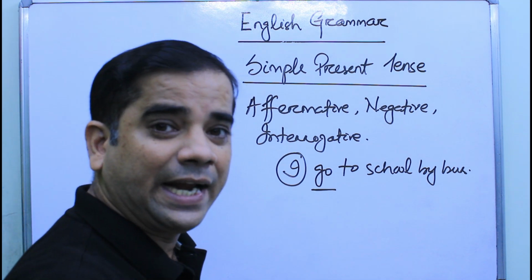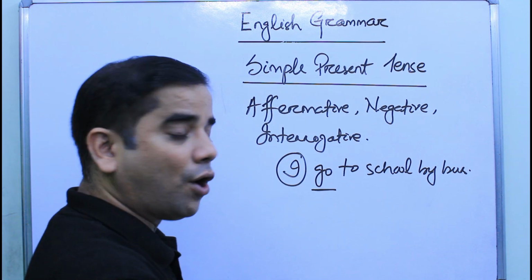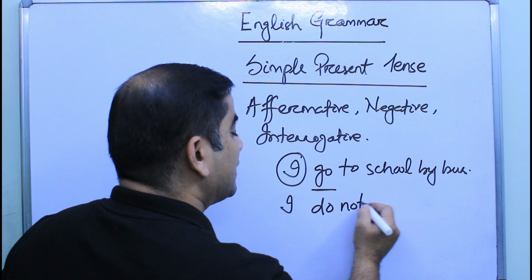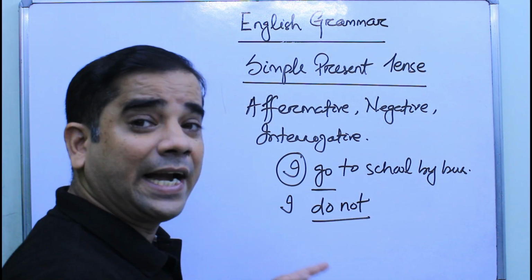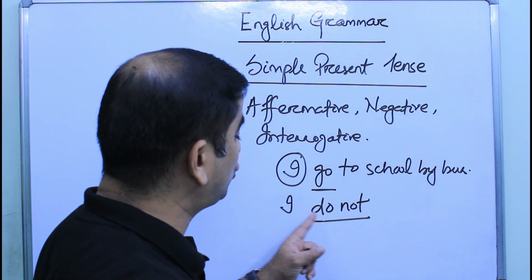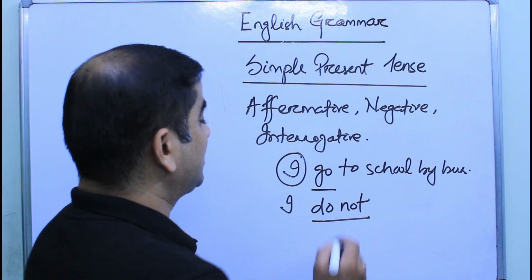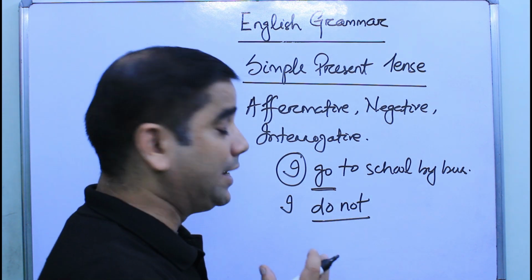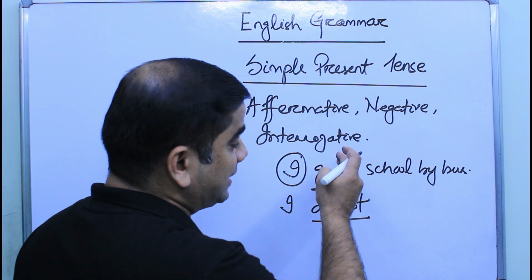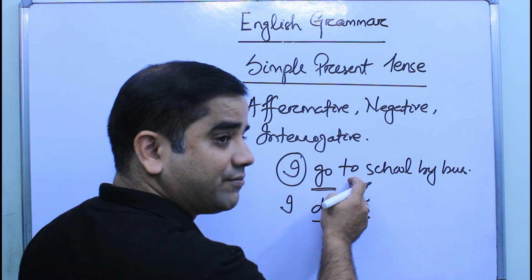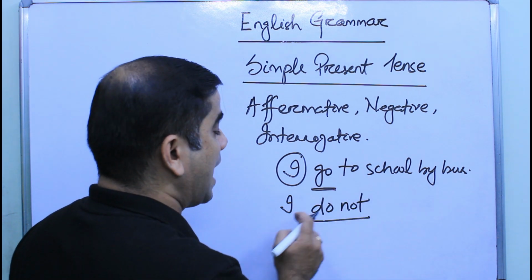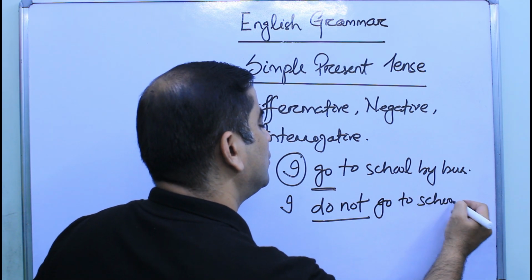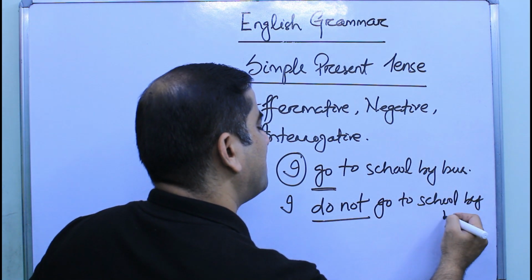So while converting it into its negative form, we need to write the negative form of the verb do. I do not. Because the main verb go is associated with the verb do. That means this is the negative form of the affirmative sentence I go to school by bus. I do not go to school by bus.